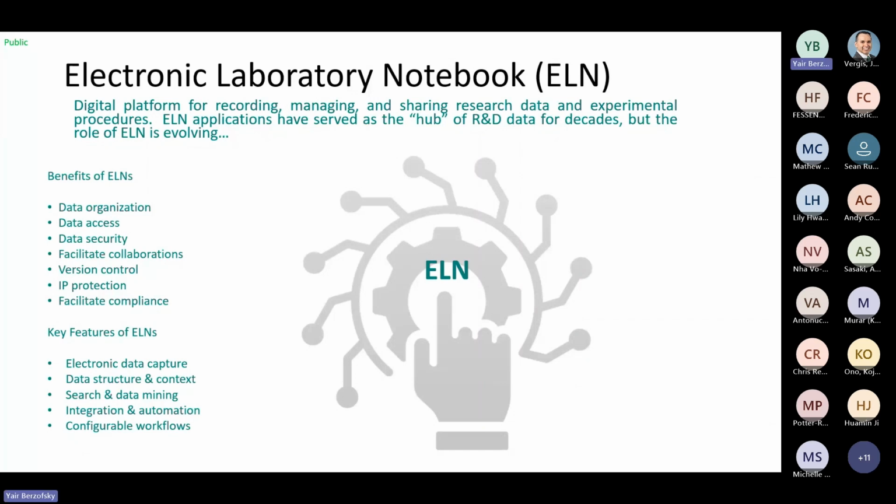For the past 20 years at Merck, our lab notebook application has been at the center of our digital ecosystem. Scientists can experience numerous benefits from utilizing an electronic lab notebook, ELN, as highlighted on the left side of the slide. Data can be captured in a way that is secure and controlled, which helps safeguard critical intellectual property.